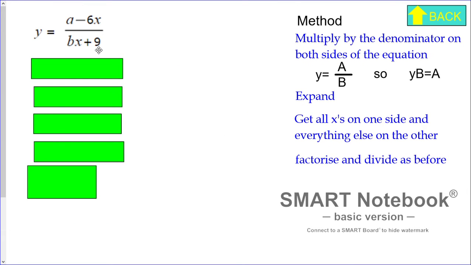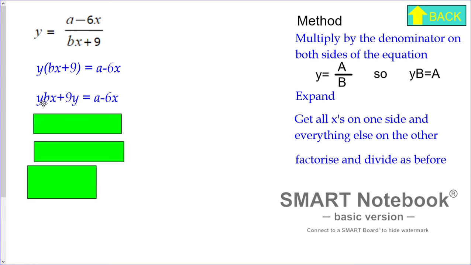So, just like before, multiply by the denominator. Our denominator is bx plus 9. So it becomes y times bx plus 9 on the left. And on the right, we're just left with whatever is in the numerator, a minus 6x. Now we need to expand.